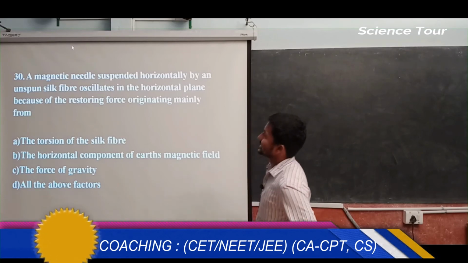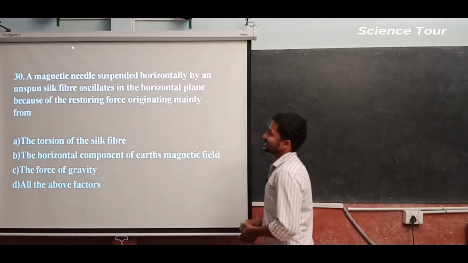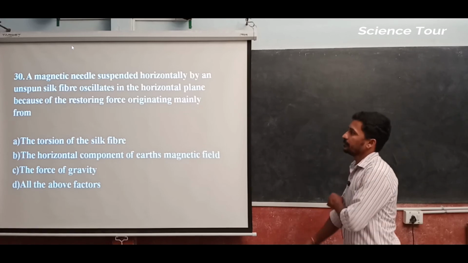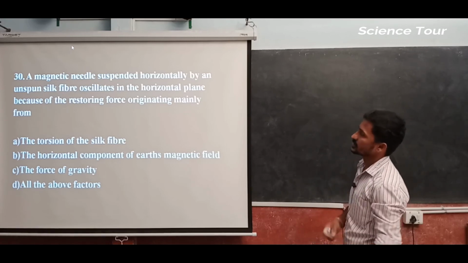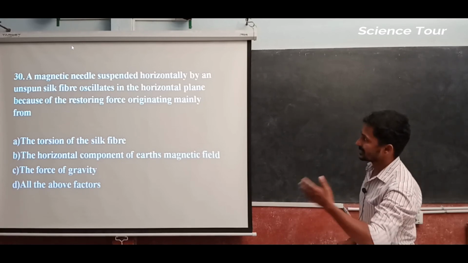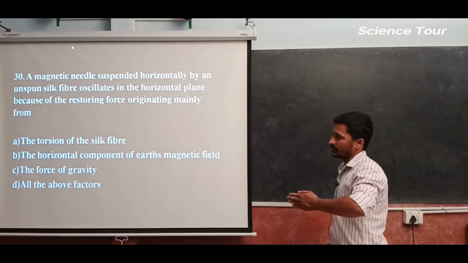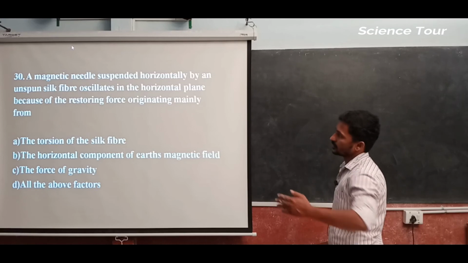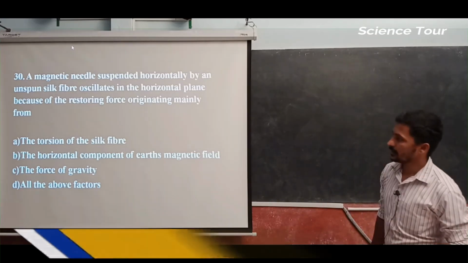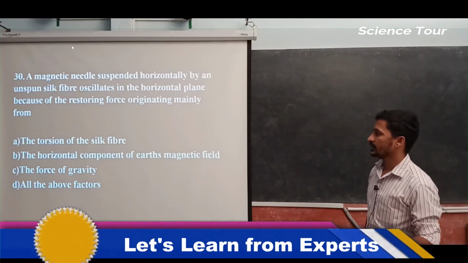A magnetic needle suspended horizontally by an unspun silk fiber oscillates in the horizontal plane because of the restoring force originating mainly from: the torsion of the silk fiber, the horizontal component of the earth's magnetic field, the force of gravity, or all the above factors.